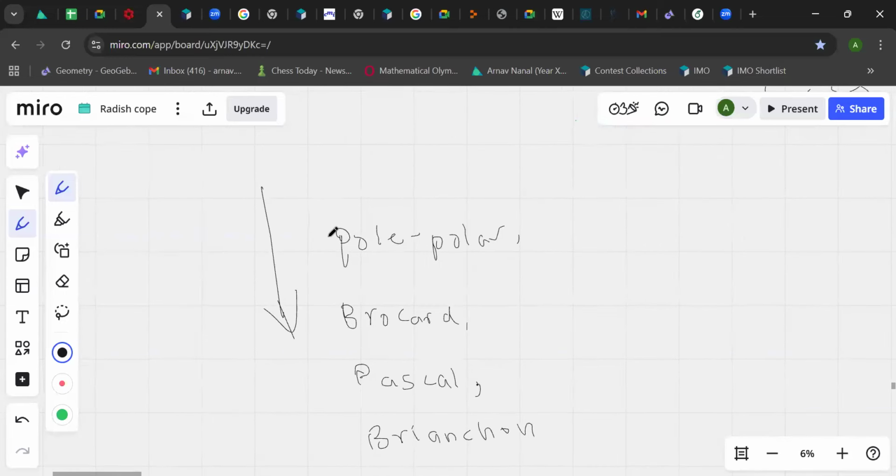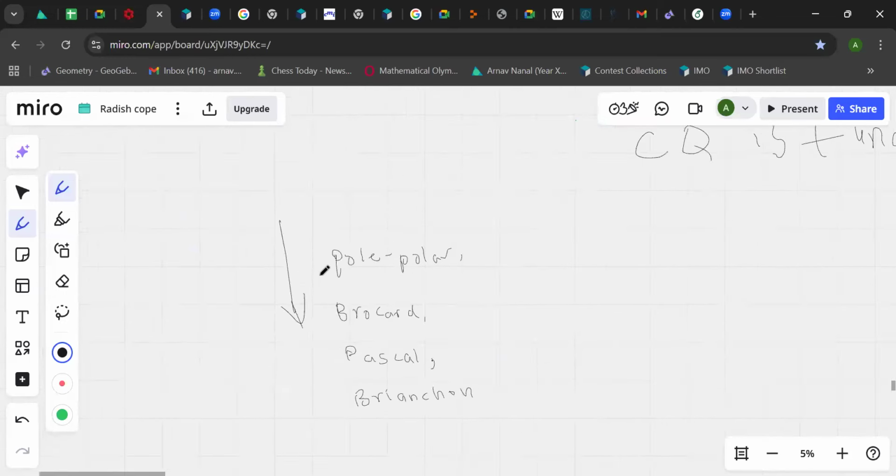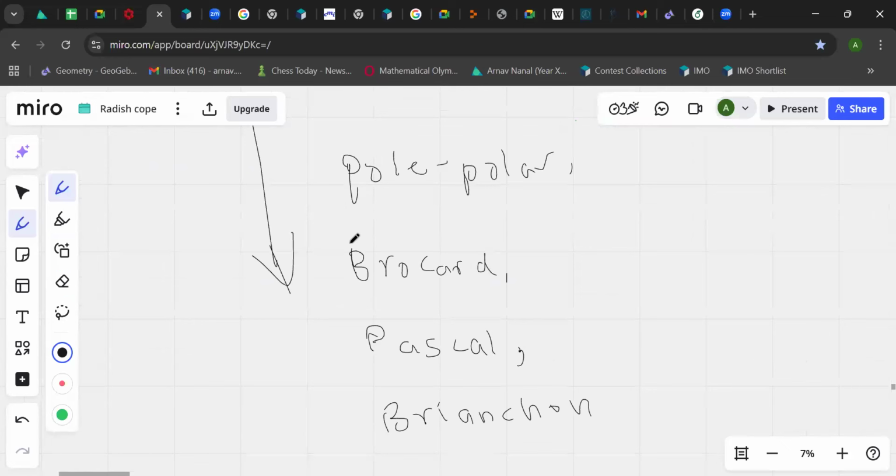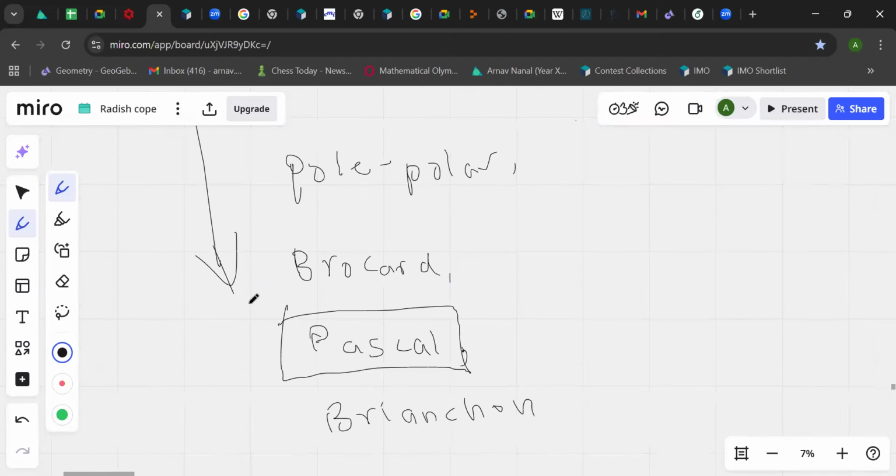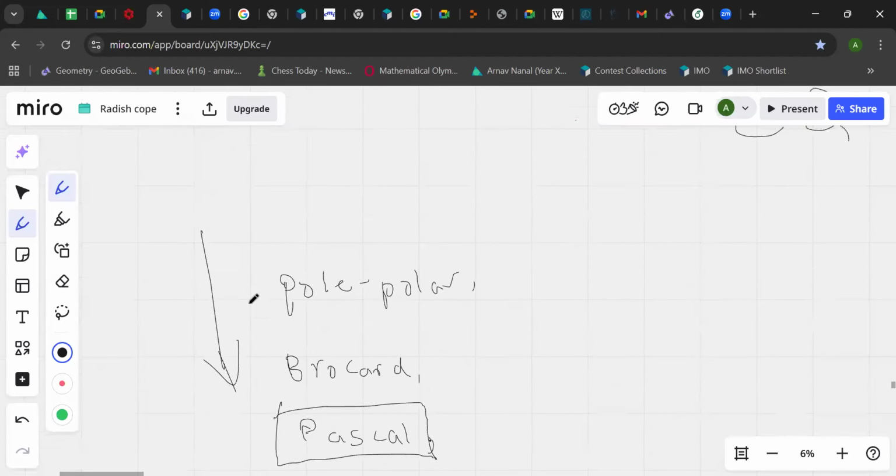We will cover this in the next class. Those who are interested in Pascal's theorem can look it up online, or you can ask me after the class.